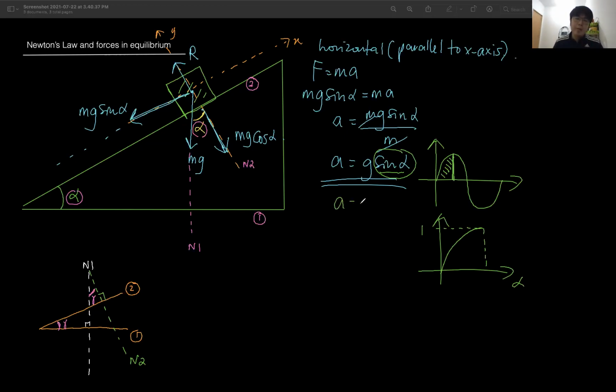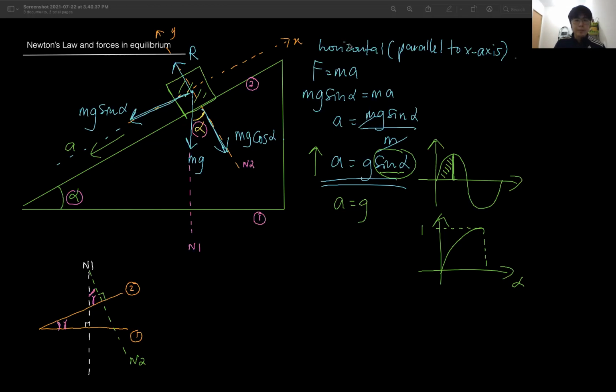So a equals g, and it will be falling vertically. So when you increase the slope, the steepness, the acceleration will increase. Acceleration in which direction? Same as the resultant force. If your resultant force is here, then your acceleration is also here, sliding down. That's your acceleration.